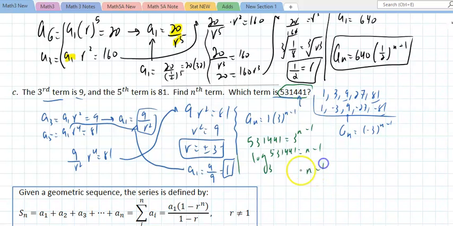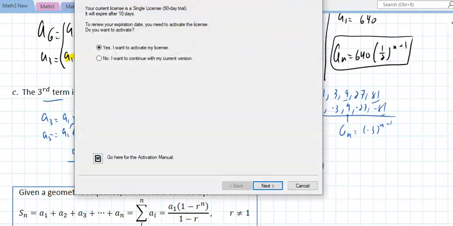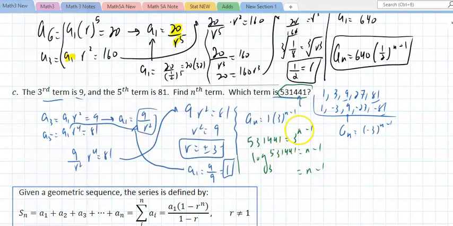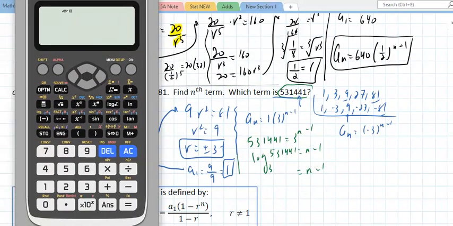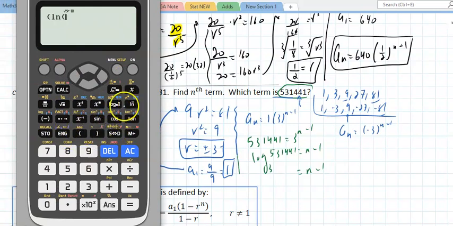So n minus 1 equal, and if I use the change of base formula on this, take natural log of that number, natural log of 531441 divided by natural log of 3.